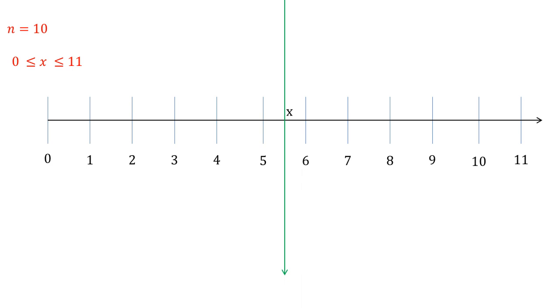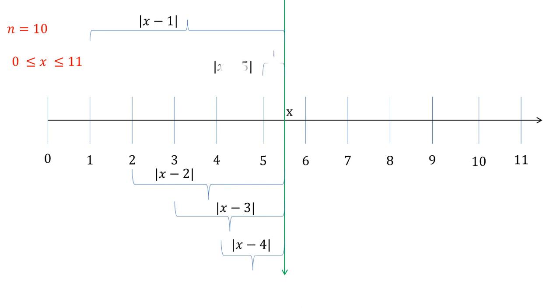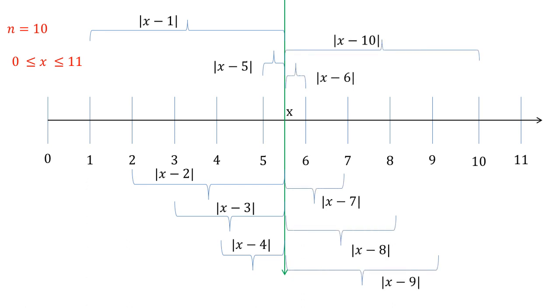Then for this x, |x-1| is nothing but the distance between the points x and 1. Similarly for the points 2, 3, 4, 5, 6, 7, 8, 9, and 10, the respective distances are marked as you can see. Now, f(x) is nothing but the minimum of these distances.